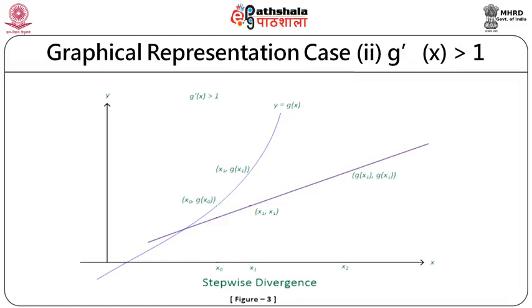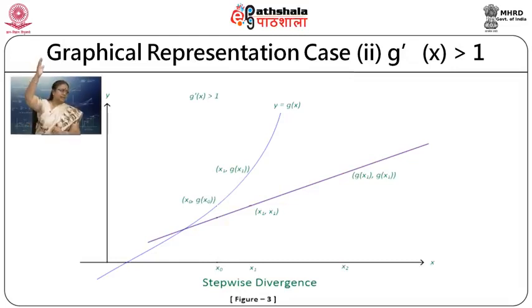than 1. So, it is a more steep curve. Here again, if we begin the guess, let us say, see the point of intersection of the line is the root. We have made the initial guess quite near the root, if you observe on the slide on the screen, and we again move vertical to the curve, horizontal to the straight line, vertical to the curve, horizontal to the straight line.